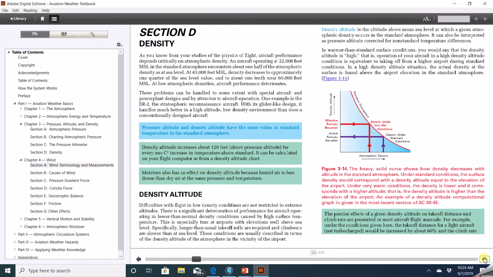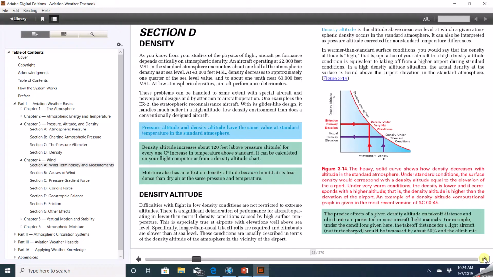The more dense your air is, the quicker you're going to climb. The less dense your air is, the slower you're going to climb. So if you're flying out of Florida, or let's make it Phoenix, Arizona, in the summertime, your air is going to be extremely hot. That pushes the molecules apart. So you wind up with a very high density altitude, above what you would normally expect.